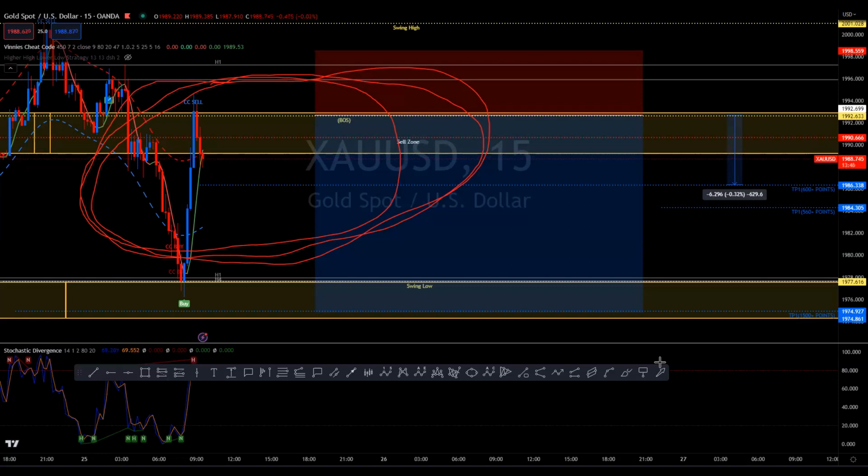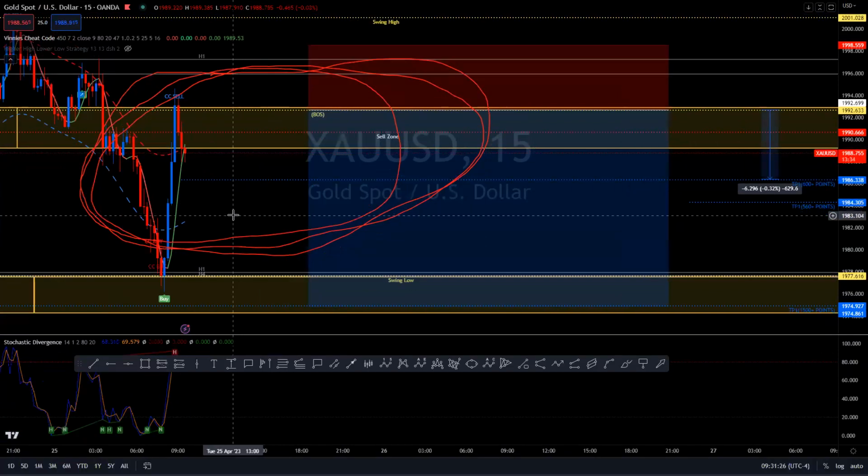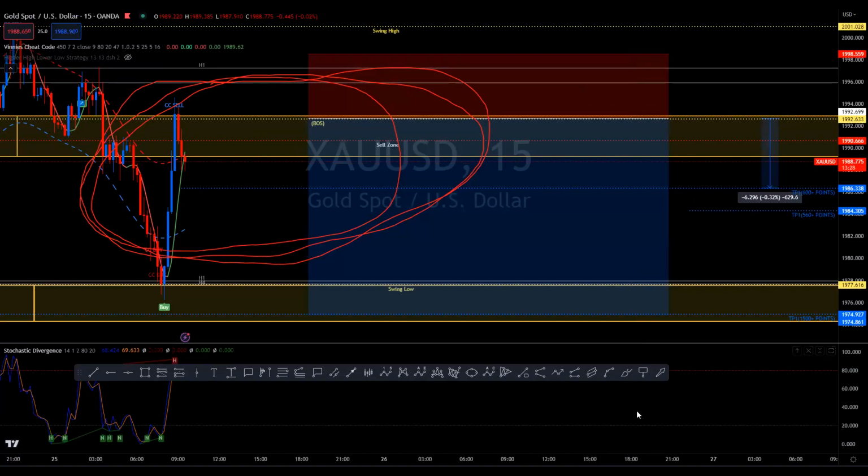We have to train our eyes to look at price action and see what it does.